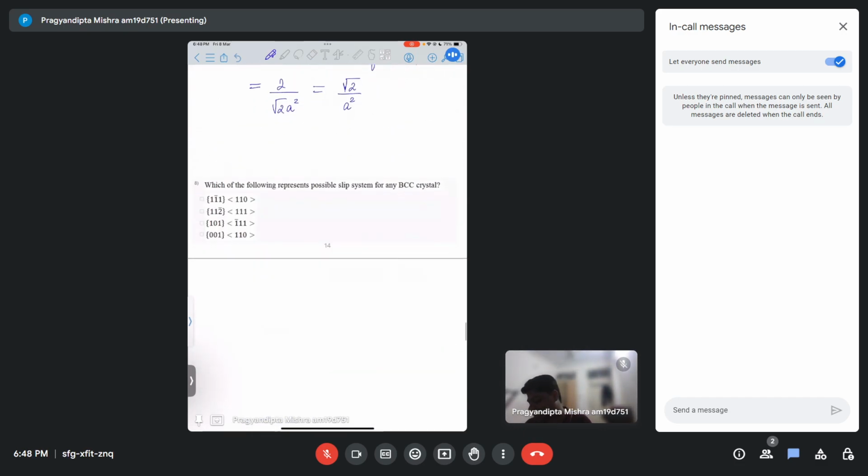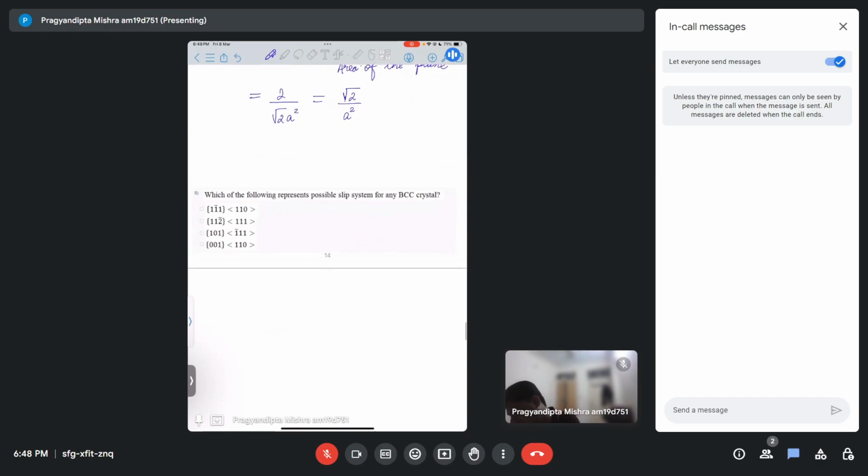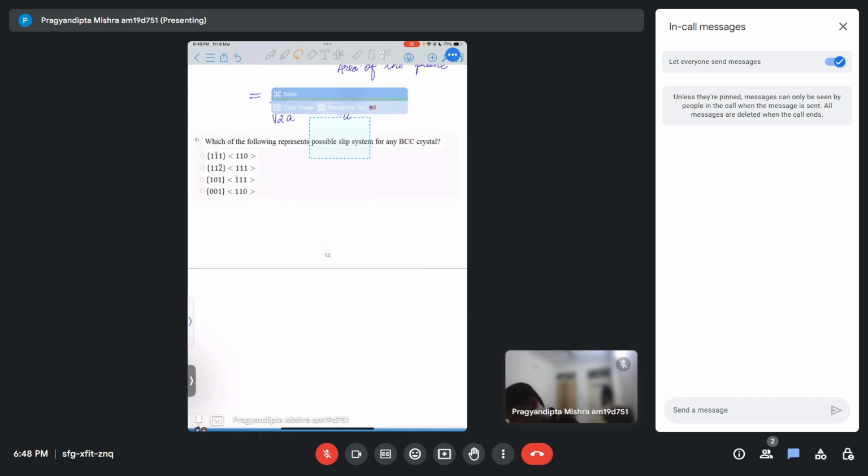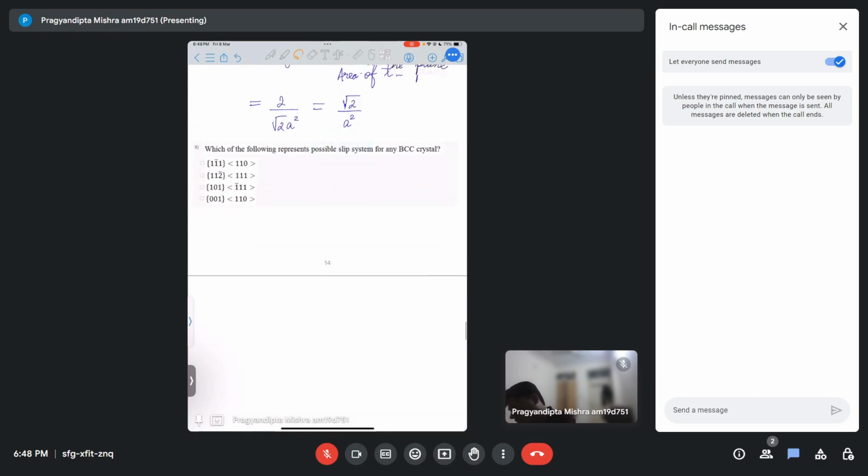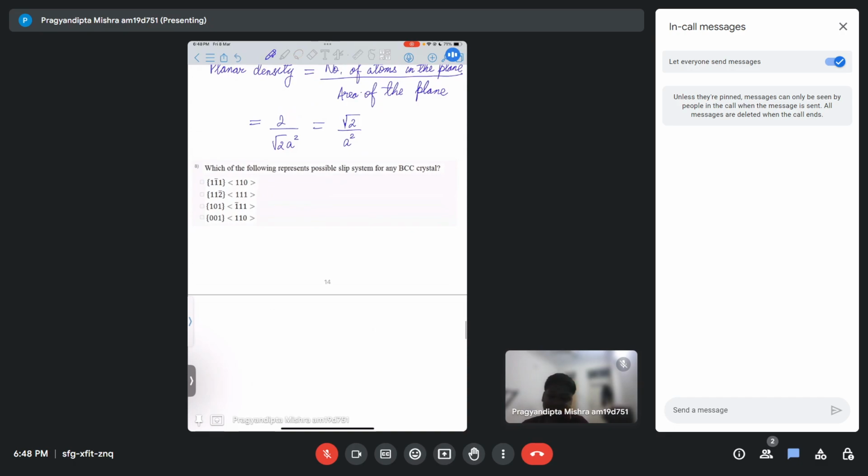Which of the following represents possible slip system for BCC crystal? Let's just move it now. Possible slip system for any BCC crystal. So, if you want to find a slip system for any BCC crystal, what do we have to do?